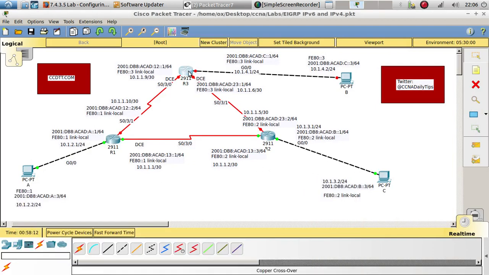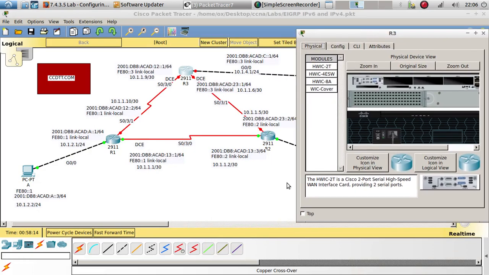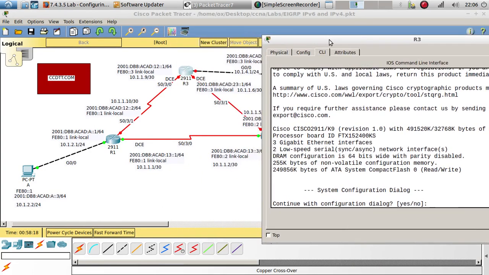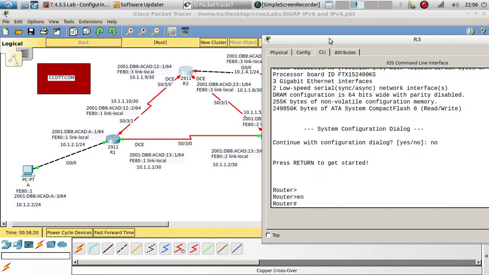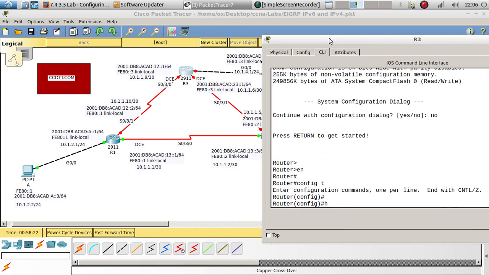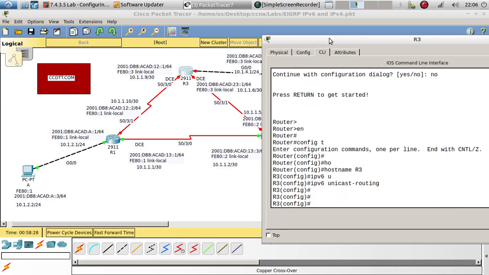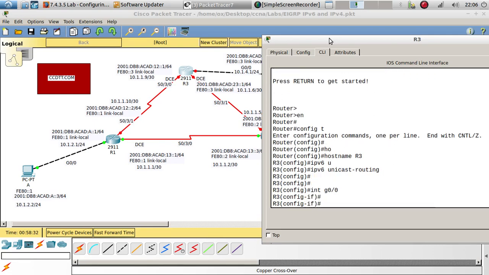Now we can go to router 3 and let's configure router 3. Let's do enable, config t. Let's do a hostname router 3. Let's do IPv6 unicast-routing. Let's go to interface gigabit 0/0.